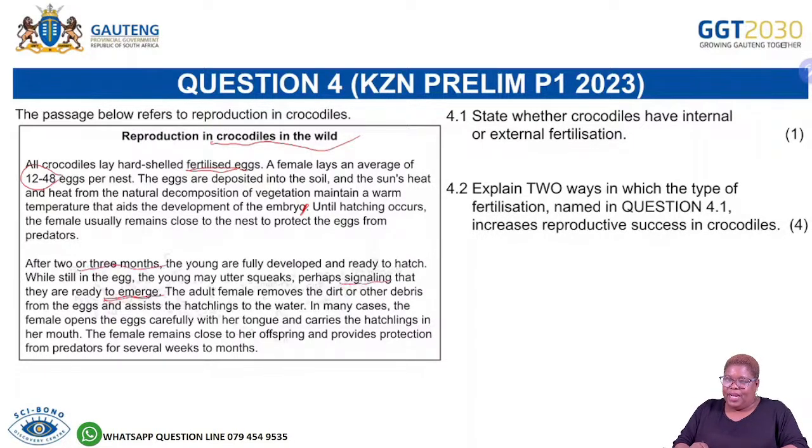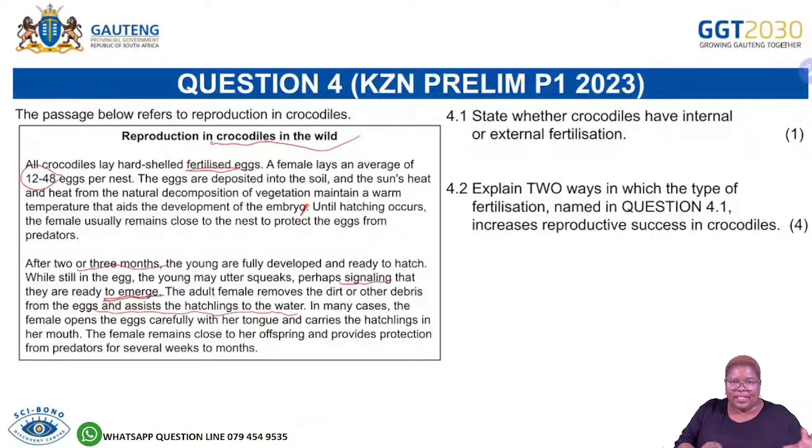The adult female removes the debris from the eggs and assists the hatchling to the water. Very, very interesting, right? In many cases, the female then opens the egg carefully. Remember, eggs were laid there and were even protected from the predators.